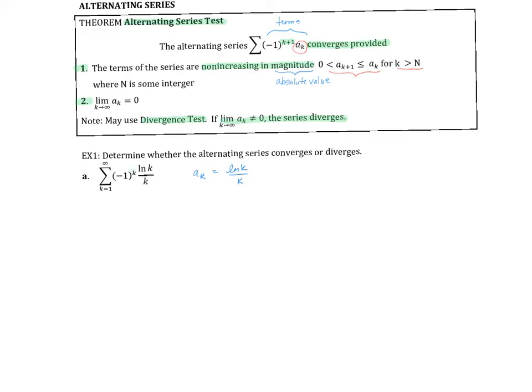Whether it's to the k plus 1 or the k doesn't matter. And in fact, you could use k plus 1, k minus 1, 2k plus 1. It doesn't matter what that exponent is defined as. The point is that we alternate between positive, negative, or negative, positive. So my a sub k is natural log of k over k.